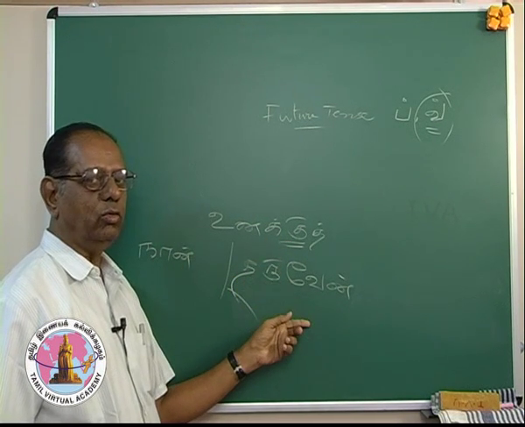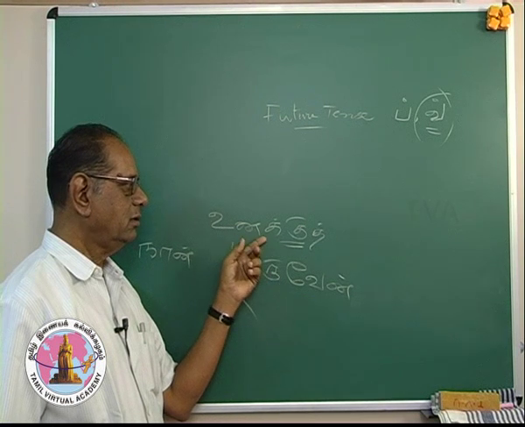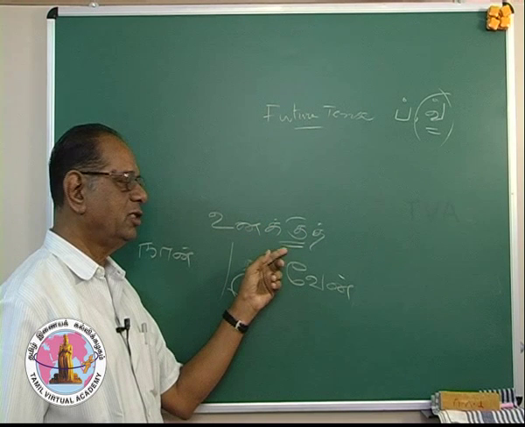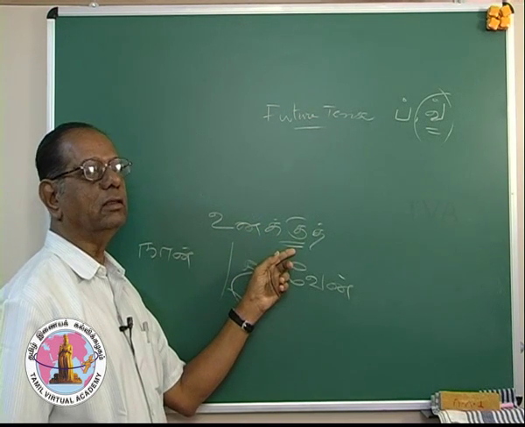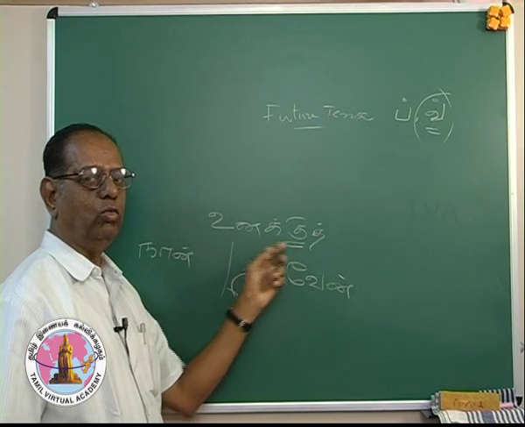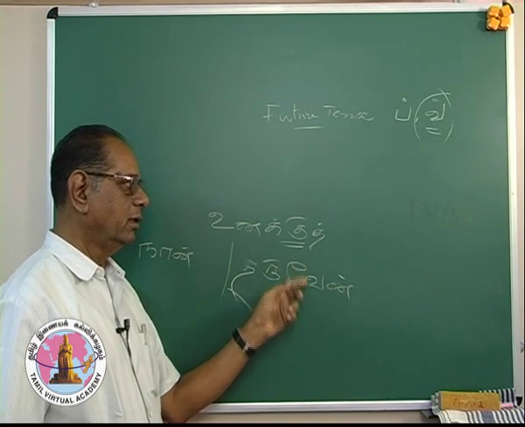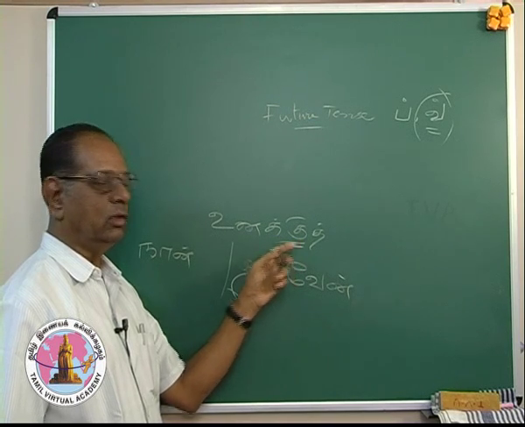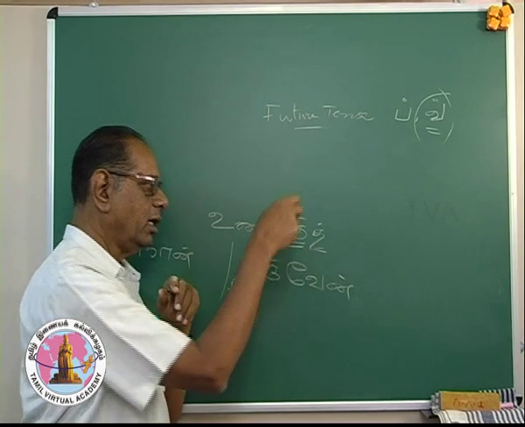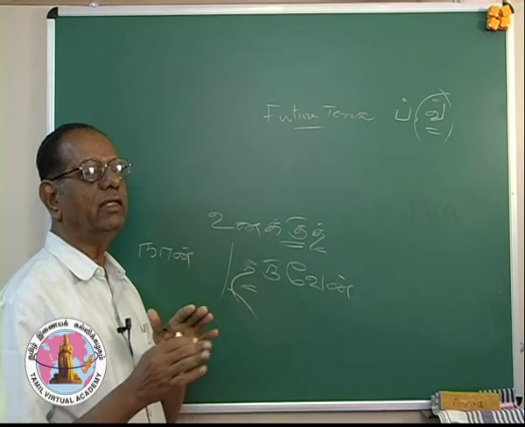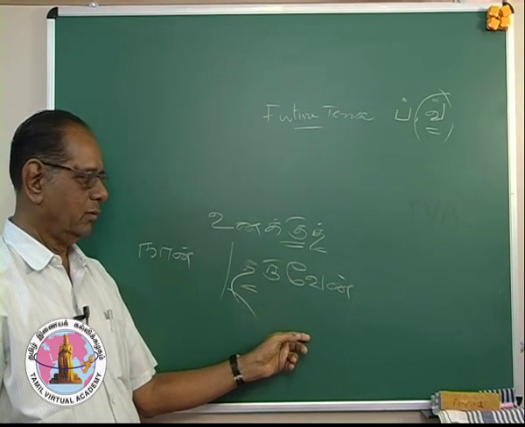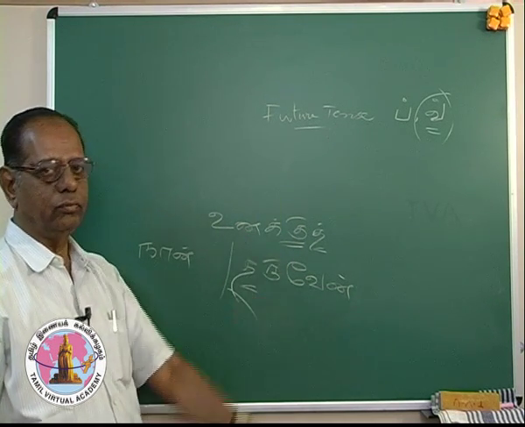Nan unakku taruvain. This is un plus ku, which has undergone some change and became unakku. Unakku, to you. This ends with ku. This verb starts with ta. Naturally, you have a consonant introduced to cement them. Nan unakku taruvain. I will give you.